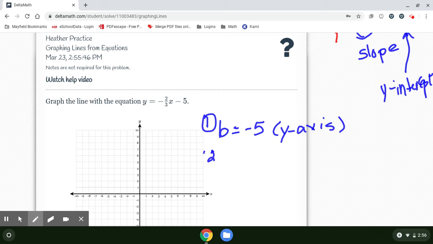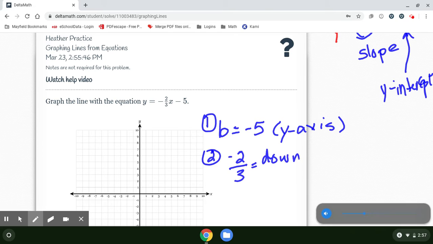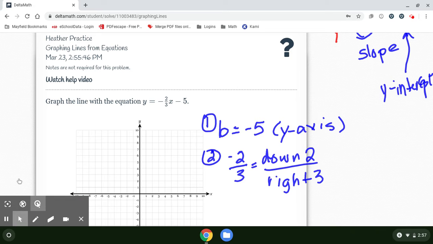And then the second thing I need to do is use the slope, which is negative 2/3, which means down 2 and right 3.